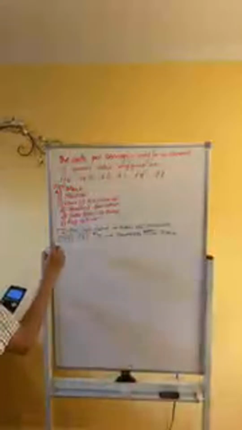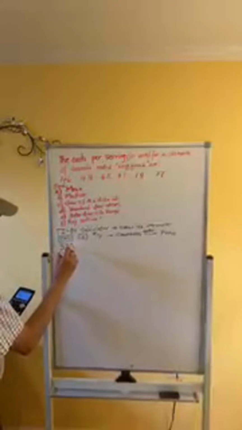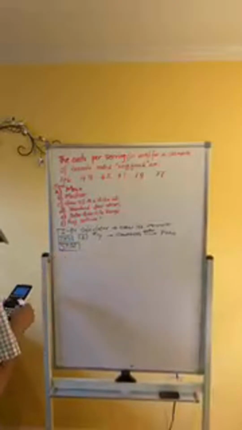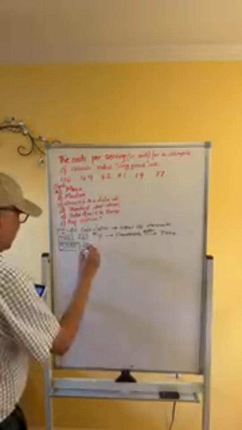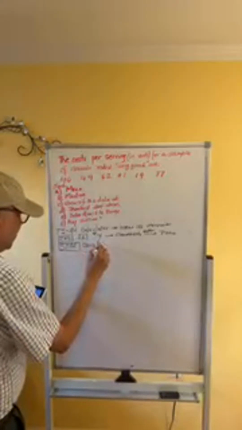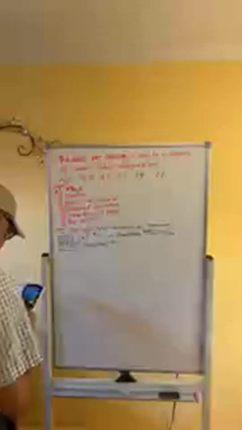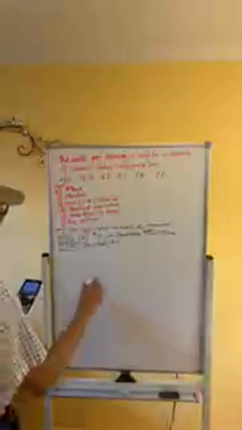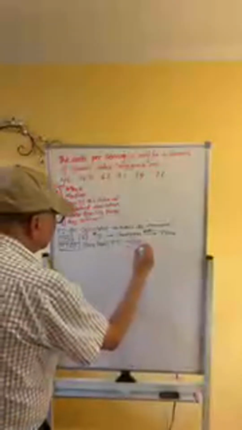Okay, now I'm going to enter these 6 data points in L1. So what will I do? I'll press the stat button, which is in the second row, and then number 1, which is the edit button, and enter the data in L1.